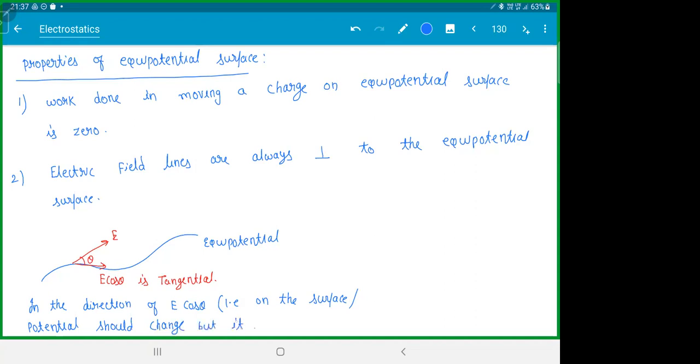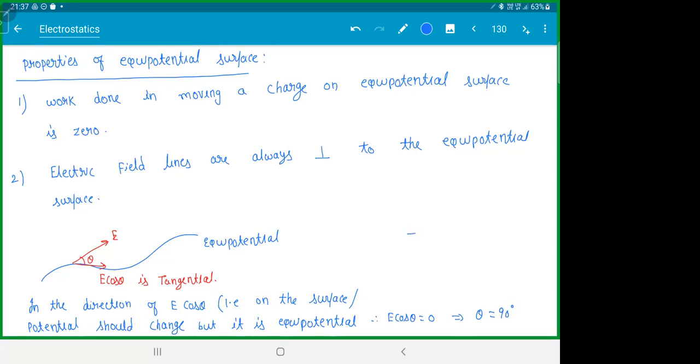Therefore, E cos theta cannot exist. Are you getting the logic? If there is a parallel component, the potential will change. Therefore, E cos theta is 0, which implies theta is equal to 90 degrees.